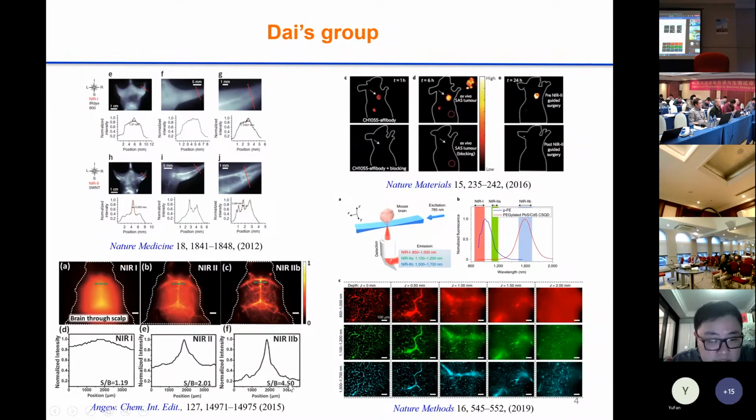And also in this 2015 work, they defined 1500 nanometer to 1700 nanometer as the NIR-II-B window, and the NIR-II-B fluorescence has the best performance according to their experiment.